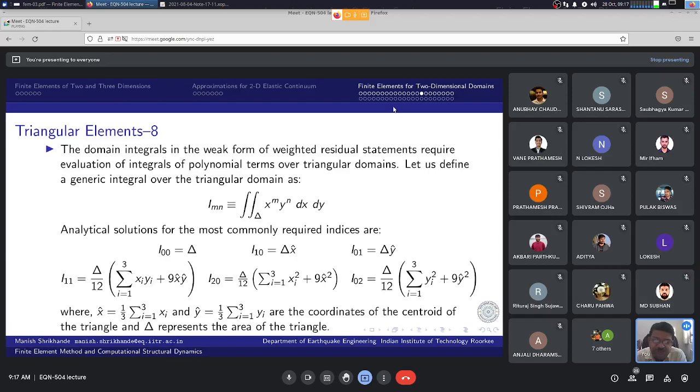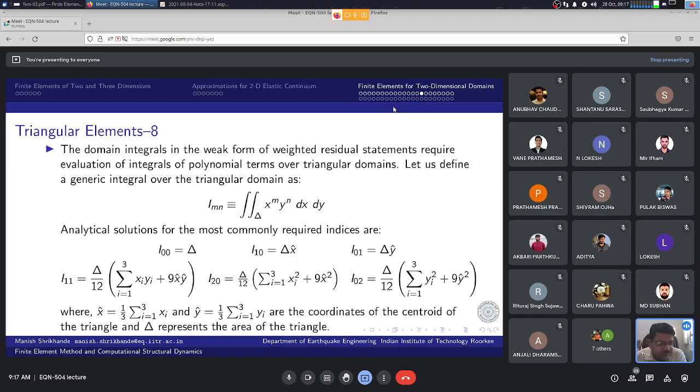But that is not always possible, and then numerical integration is the only recourse. We make use of quadrature rules that we already discussed earlier, sample the integrand at different points throughout the domain, multiply it with the weighting coefficient associated with that sampling point, and accumulate the sum, and that would be approximately equal to the desired integral.